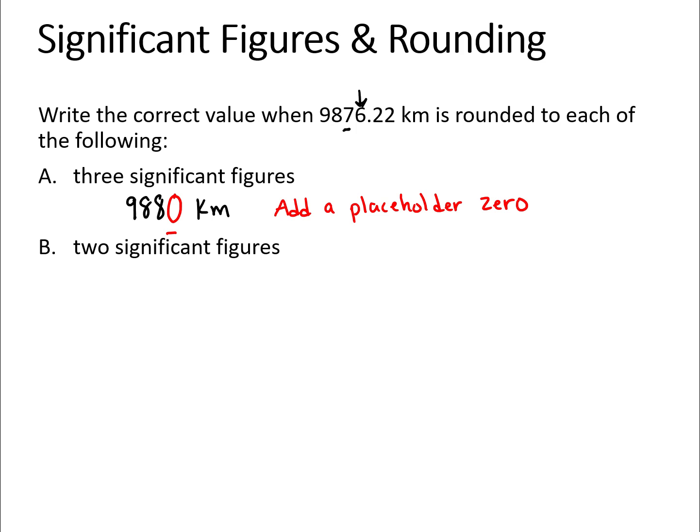Let's see what you got for the next one then. Since you gotta add placeholder zeros. This time we're looking at that 8 as our last retained digit. The 7 tells us to round that 8 up. 9,900. And that's kilometers.